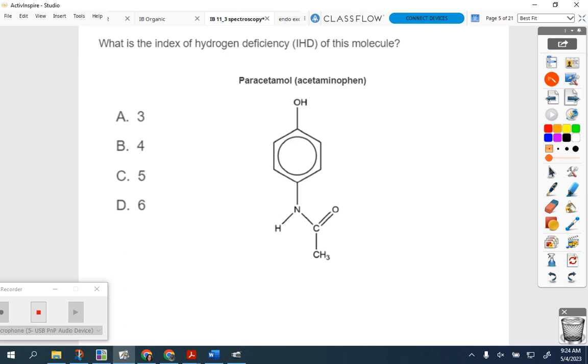I mean, the ring structure is different. Is it a ring structure? I don't know. I think it's C. Oh, she's doing something, guys.